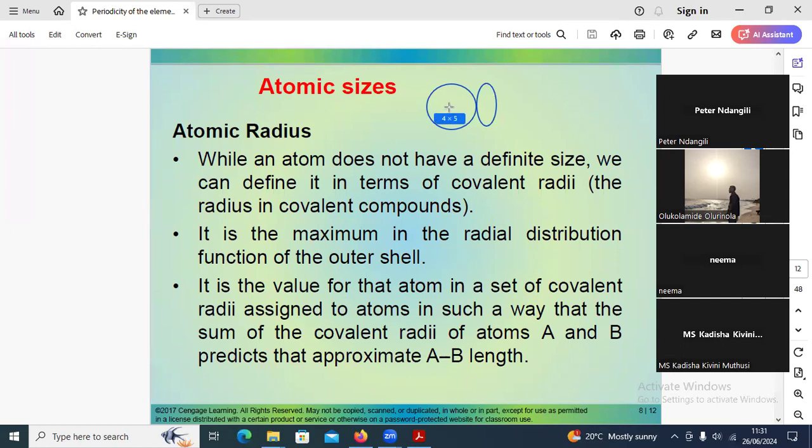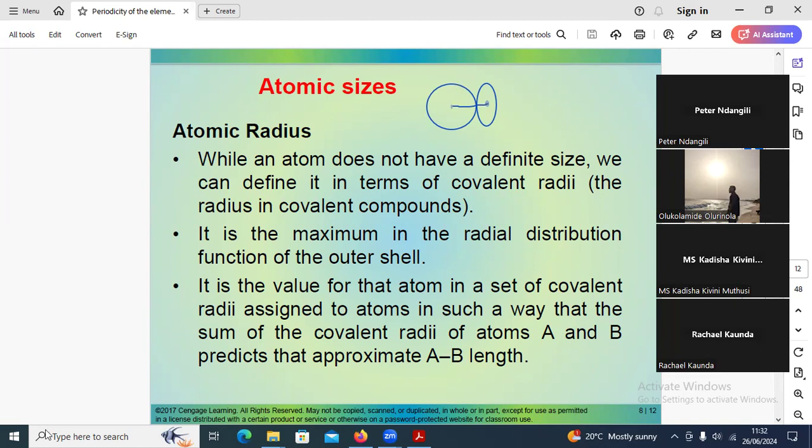Then you have the nucleus there, and you have the nucleus there. And the shortest distance between these two is this distance here from point A to B. And that is what we use to get the atomic radius.